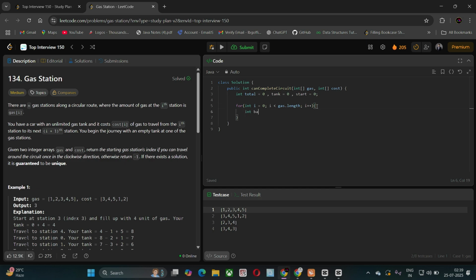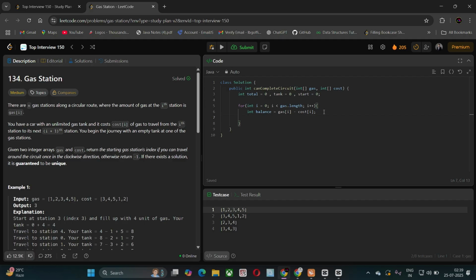We make a balance and store gas of i, our indexing value, minus cost of i. That means our value of gas minus our value of cost.